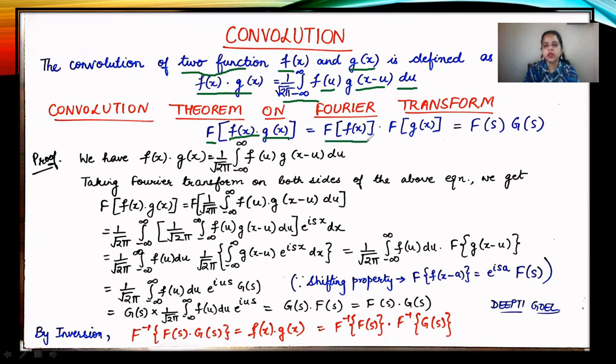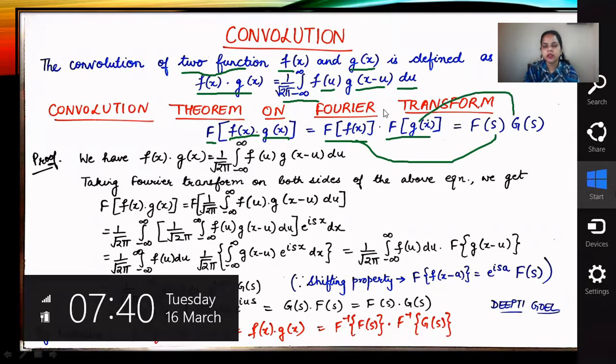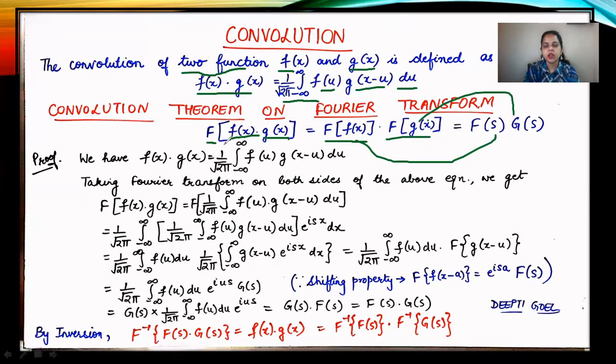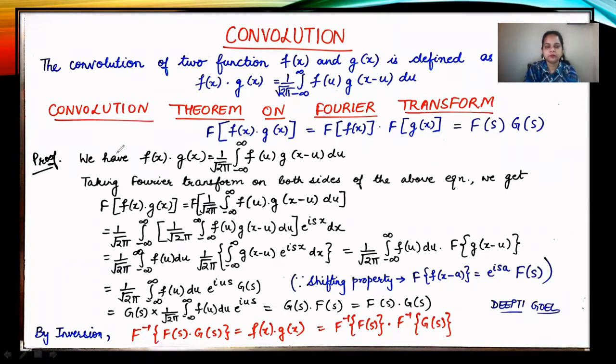That is, it is equal to F of f of x into F of g of x, which can be written as f of s into g of s. So this is the convolution theorem on the Fourier transform.